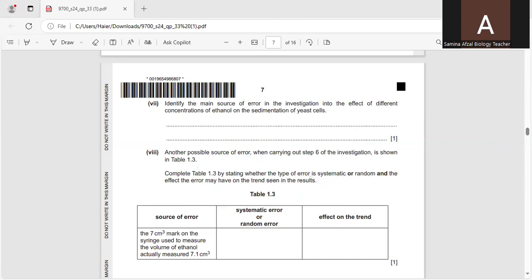Identify the main source of error in the investigation into the effect of different concentrations of ethanol on the sedimentation of yeast cells. Yes. Here you can see a source of error, that is when you are measuring the time, you have not measured the time properly.